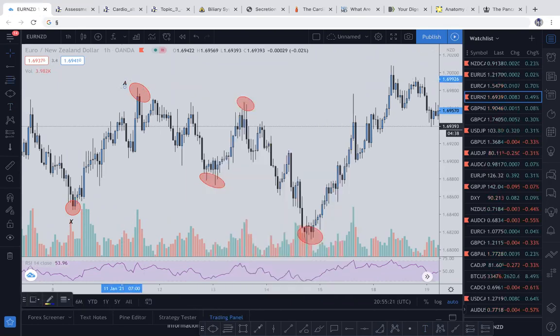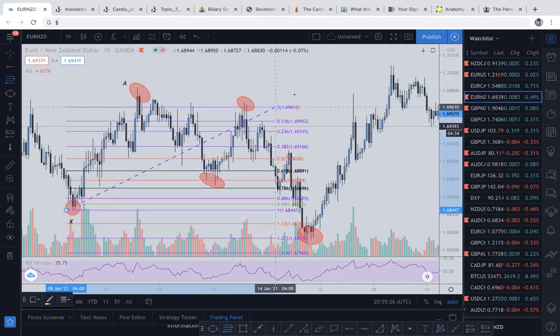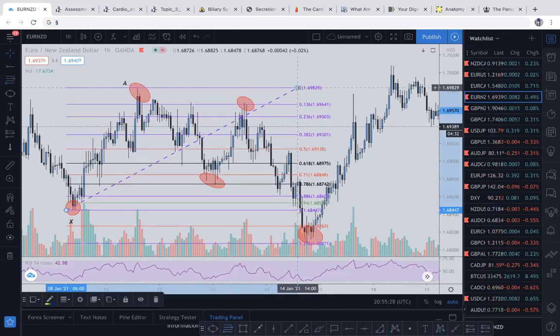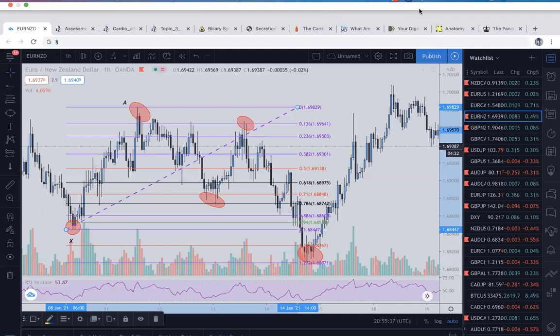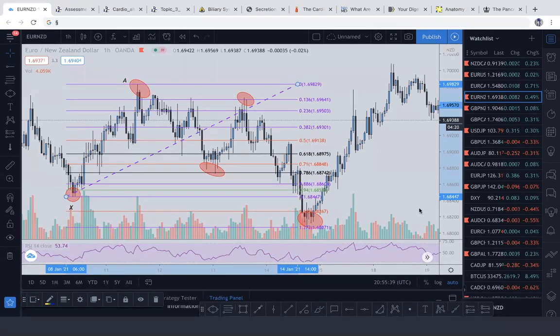Now I'm going to put a fib from the X to the A. And then I need this retracement right here to fall onto 78.6. And guys, can you agree with me? Do we have 78.6?